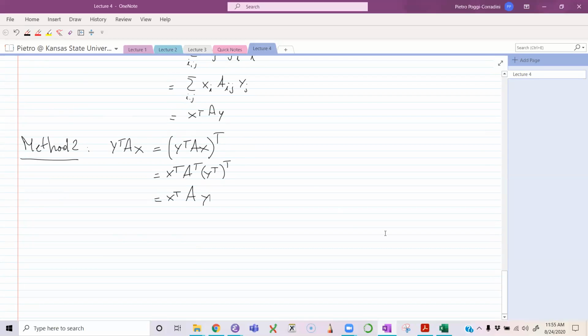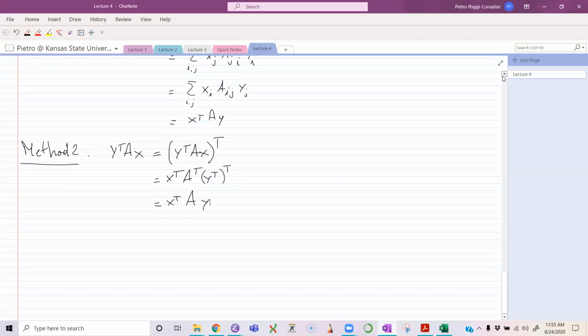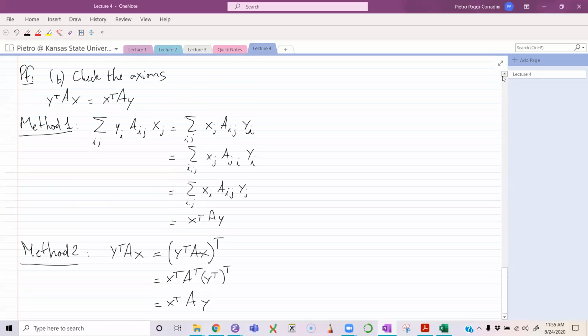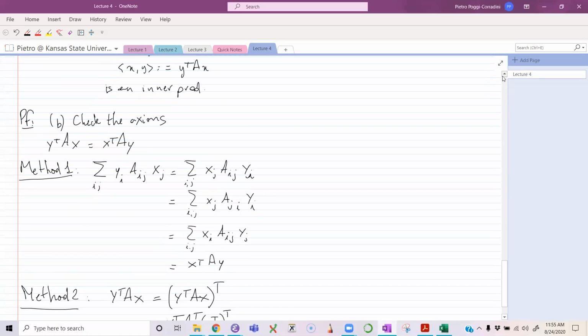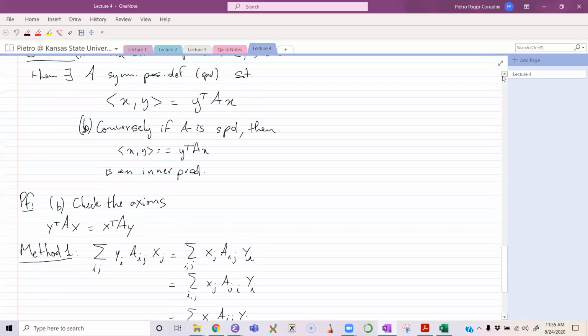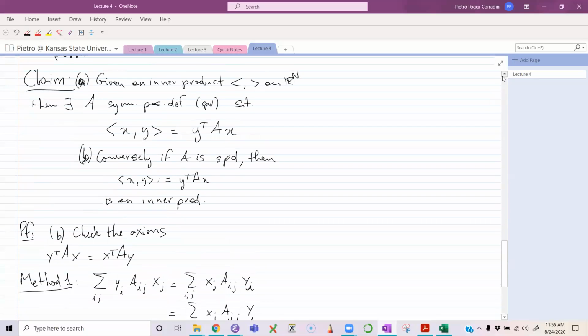All right. So we did show one direction. That's B. What about A? If you're given an inner product, then there is a symmetric positive definite matrix A such that that happens. So how would you show that?